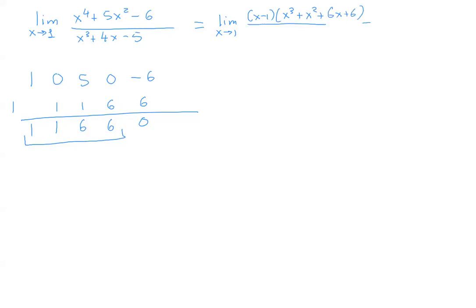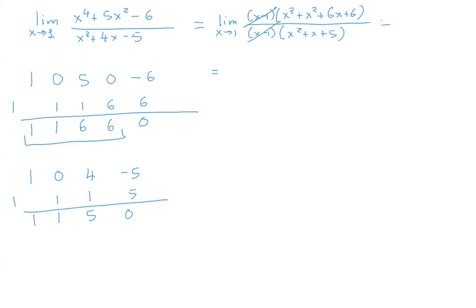Now let's do this for the denominator. We will have 1, 0, 4, -5, and then we have the number 1 here. Bring down 1. 1 times 1 is 1. We write it here, we add it. Then we again multiply 1 by 1. We write it here and we add it. And here comes our failsafe that gives us 0 here. So what we get is x minus 1 times x squared plus x plus 5. So finally, we have a very agreeable cancellation.